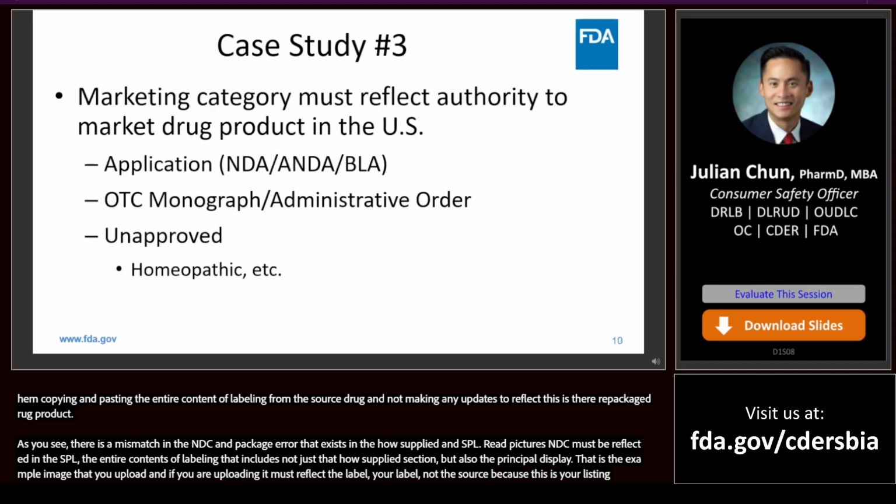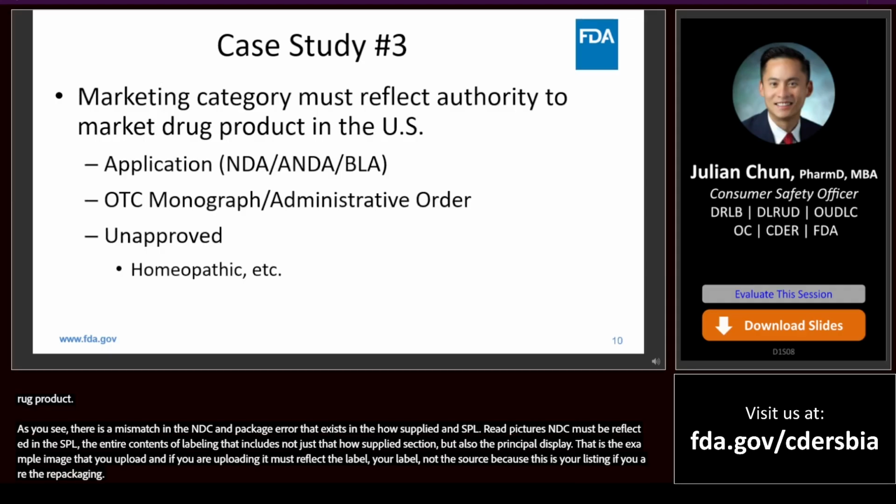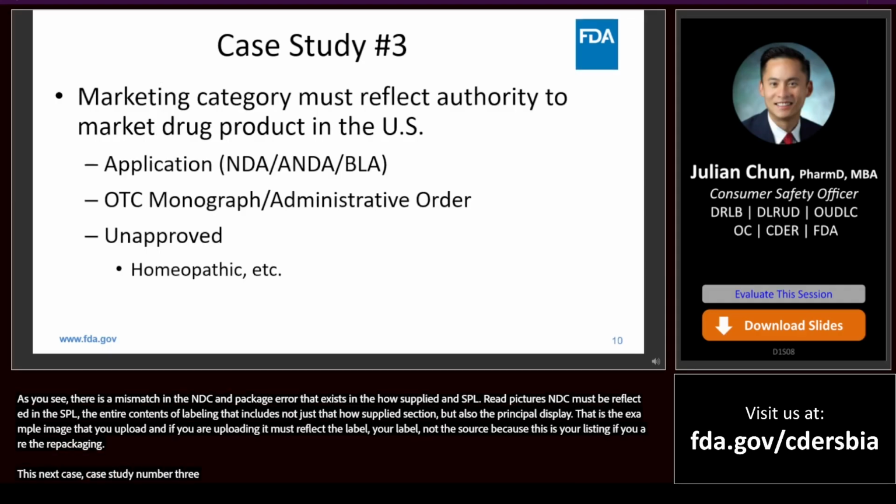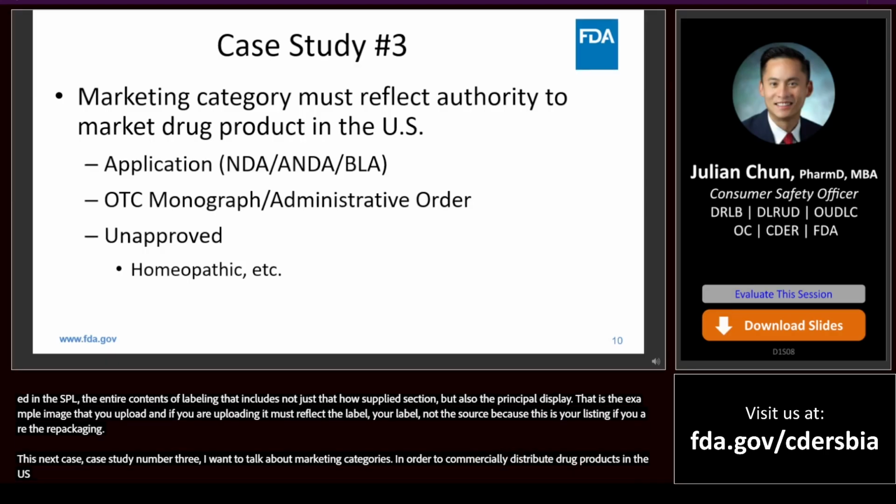Okay, so this next case study, number 3, I want to talk about marketing categories. In order to commercially distribute drug products in the US, you must have an authority to do so, like a legal pathway.